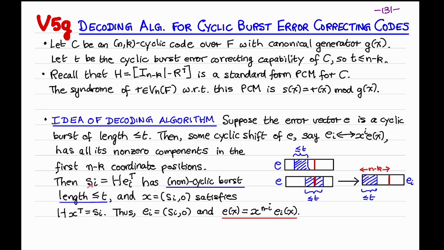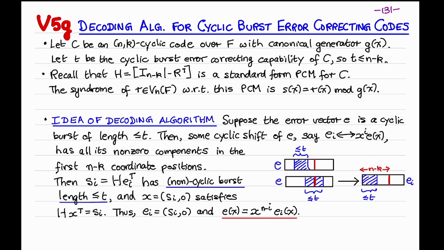The syndrome S_i of the shifted vector E_i is obtained by multiplying the first n minus k coordinate positions of E_i with the identity matrix and the last k coordinate positions, which are all 0, with the matrix minus R transpose. And so S_i is equal to the first n minus k coordinate positions of E_i. S_i might look like this, or it might look like this.